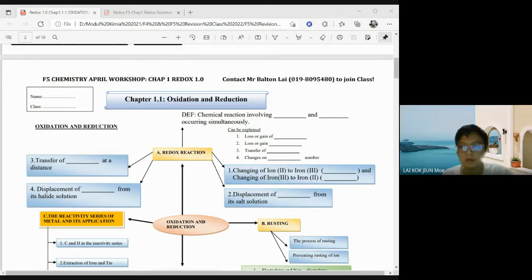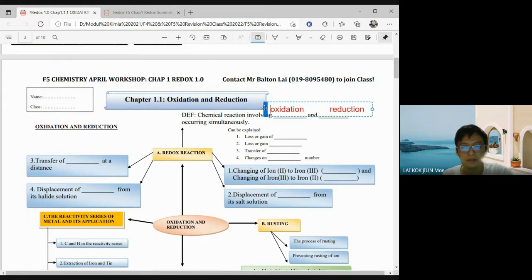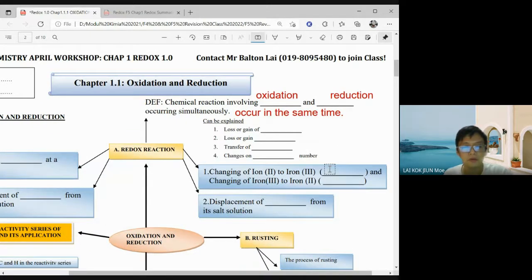Very good. Simultaneously is a keyword, occurring at the same time. You can use different words if you don't want simultaneously, such as in the same time. So it must have two reactions happening. When we want to explain it, you can use 4 different ways.